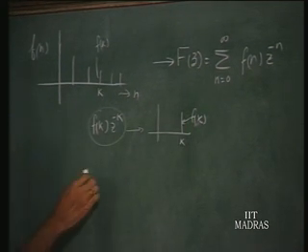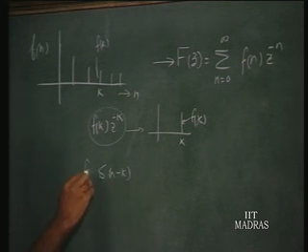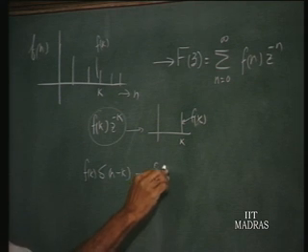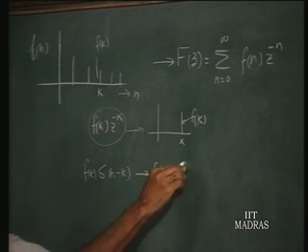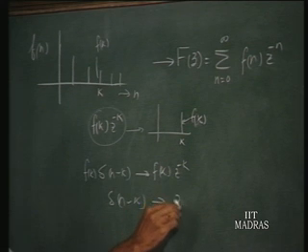That means delta(n minus k) has a Z transform z to the minus k, where k is a constant.